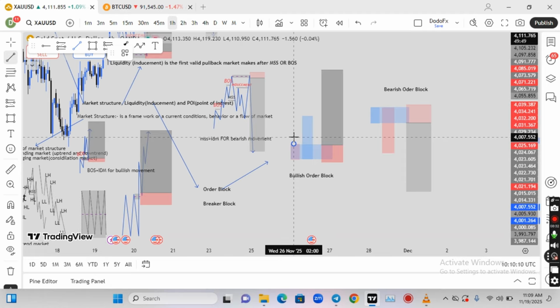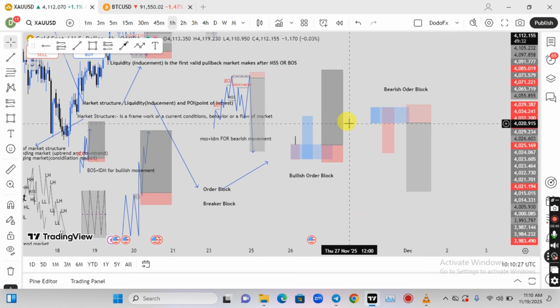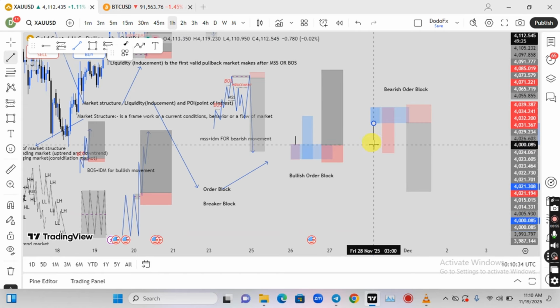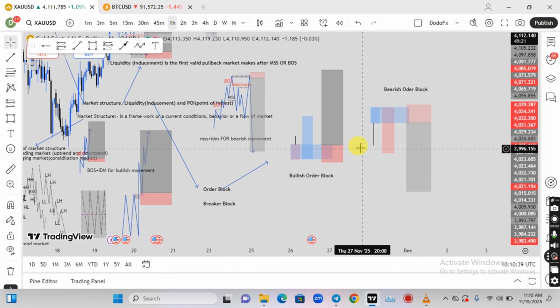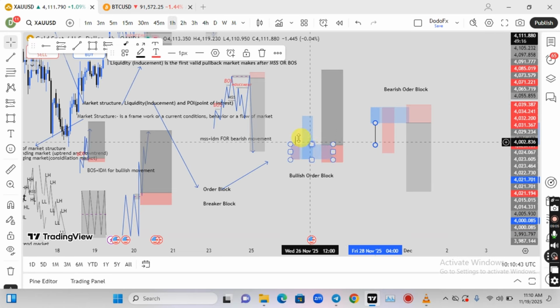Let's say there is a wick like this, and we have this kind of wick also. How are we going to take an entry when there is this kind of wick and this wick?